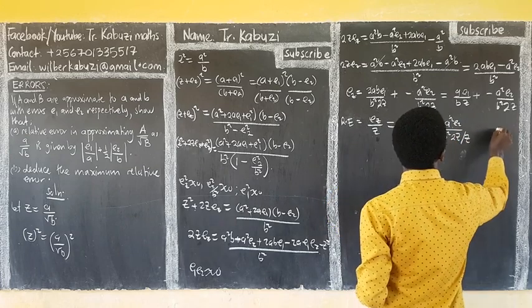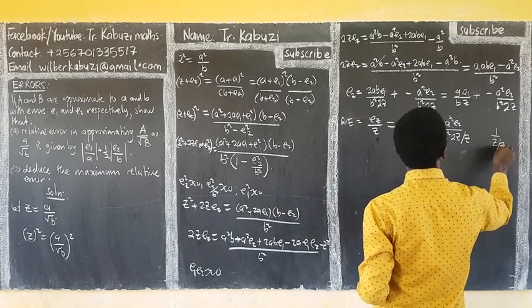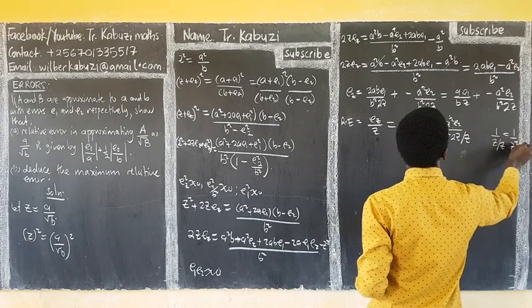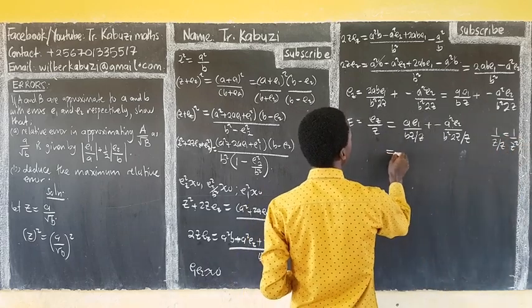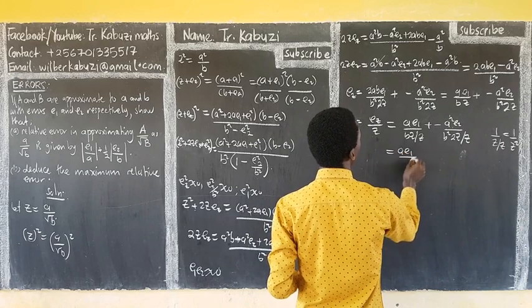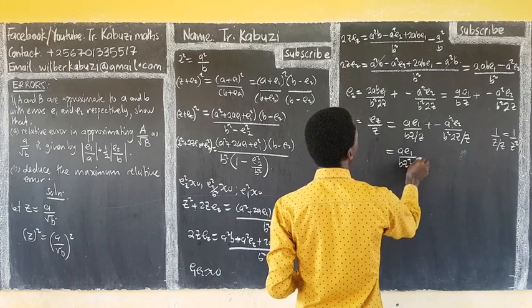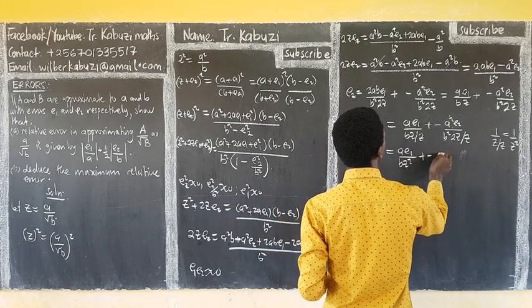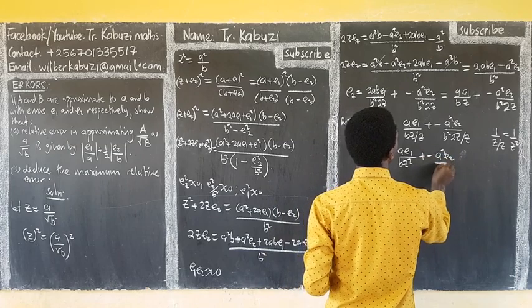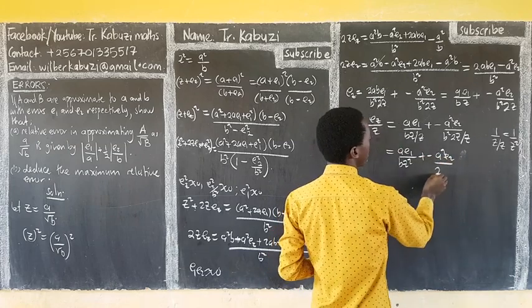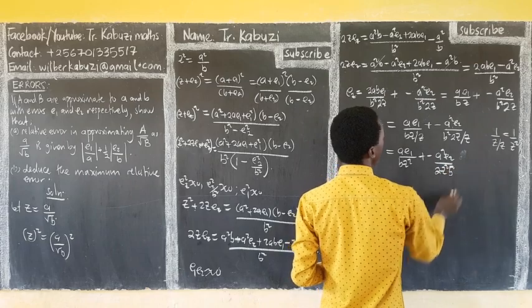And we say 1 over z divided by z becomes 1 over z squared. So you can note that this is going to be a e1 over bz squared plus or minus, then this will be 2z squared b squared.